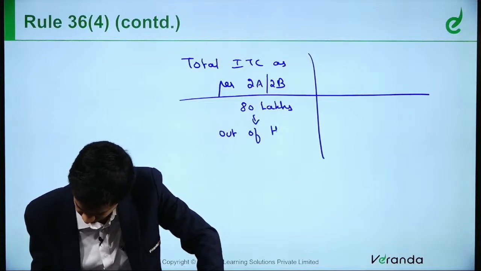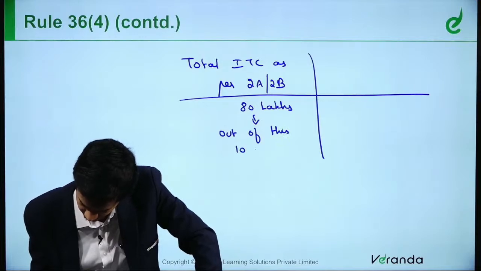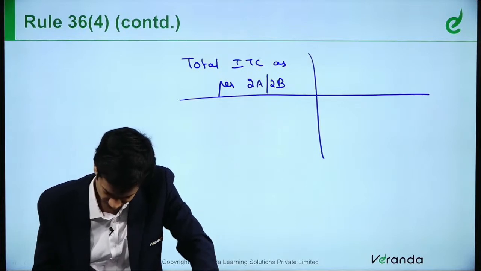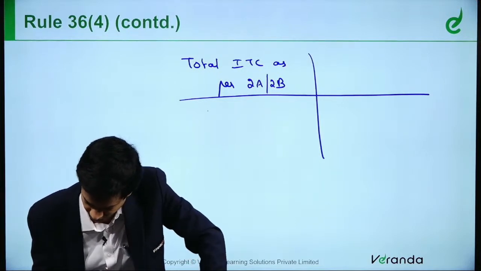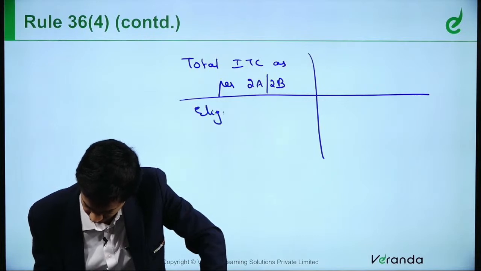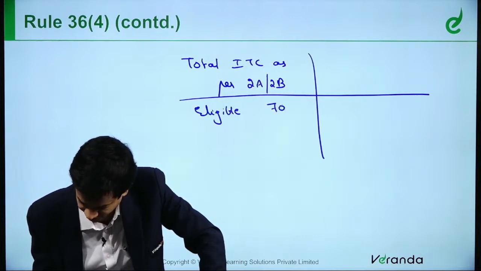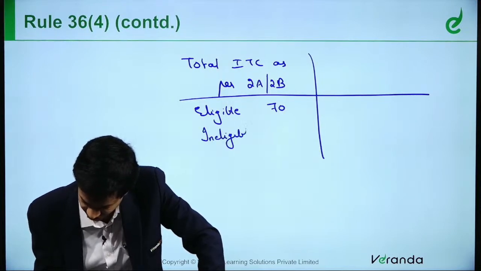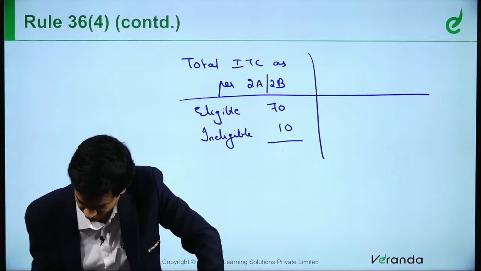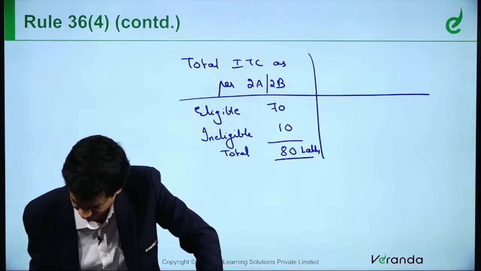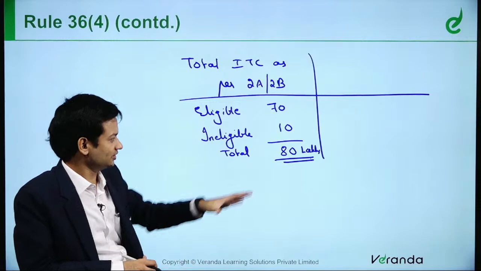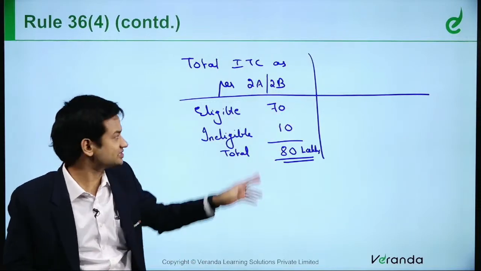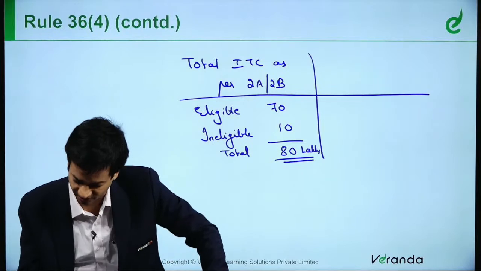Out of that, 70 lakhs is eligible, ineligible is 10 lakhs. Total is 80 lakhs. So I have elaborated my example now. The 80 lakhs which is reflecting in my 2A, 2B, out of that 70 lakhs is eligible, 10 lakhs is ineligible.